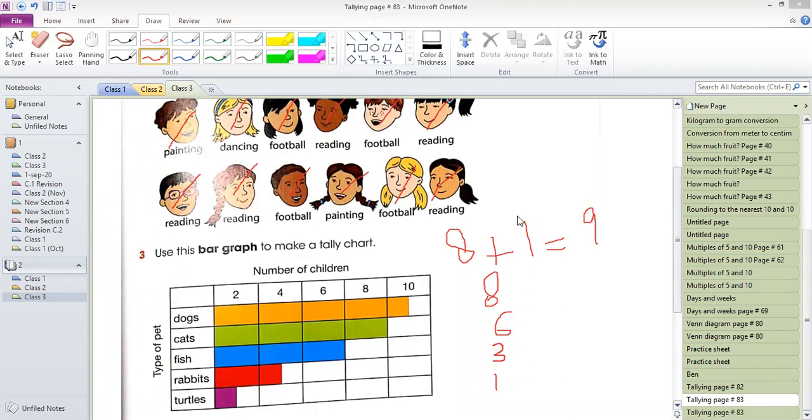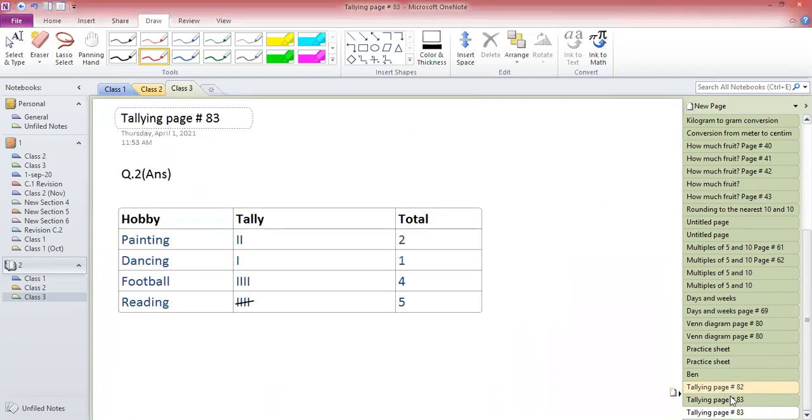How you will do this? You will do this in your notebook like you completed question number 2. So we are going to do it and you have to do it with me first. Question number 3 answer.